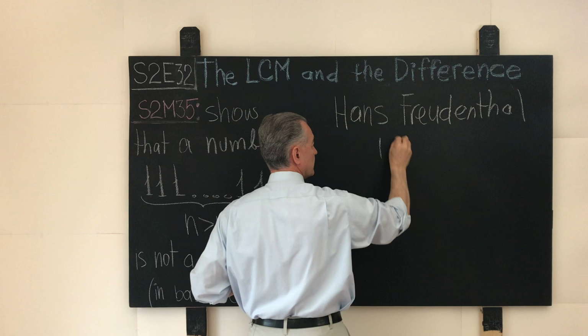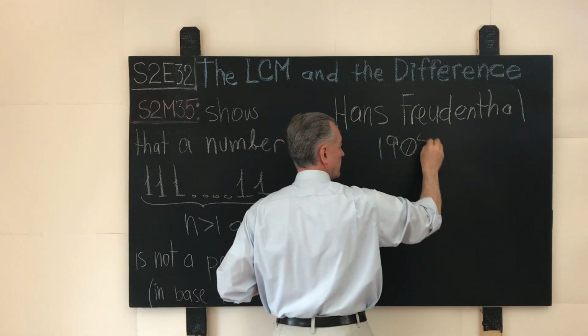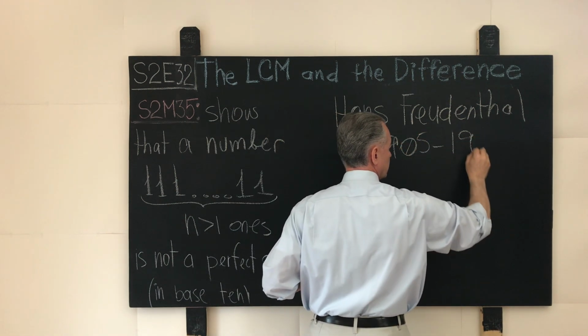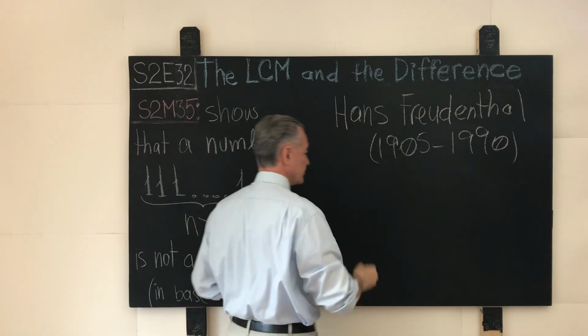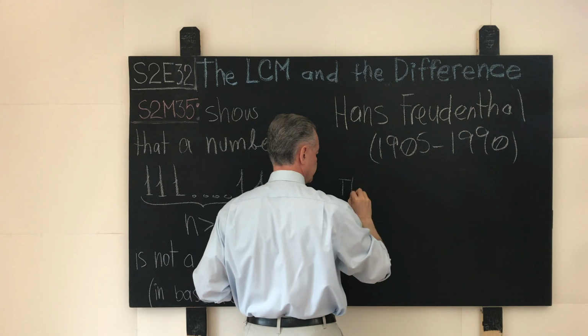He lived between the years of 1905 and 1990, and this is also known as the sum and product problem.